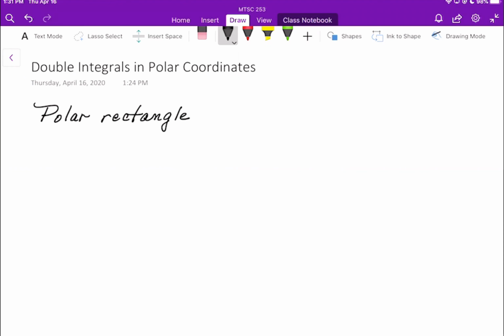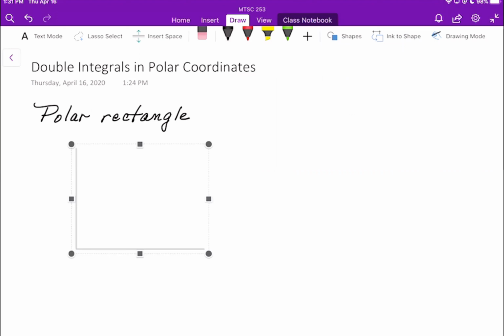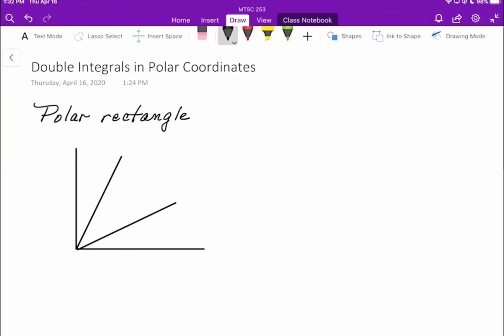Okay, so what's a polar rectangle? Well, we all know what a regular rectangle looks like. Okay, so a polar rectangle looks something like this.